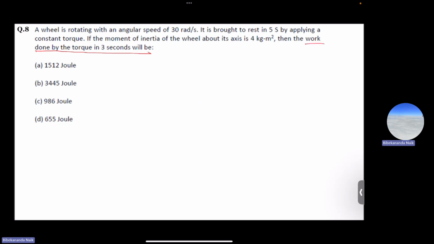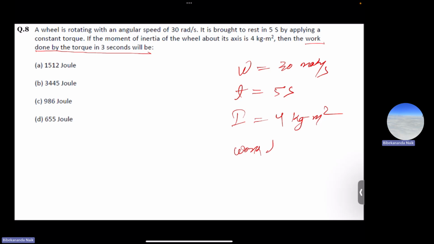The question is given. It is rotating at an angular speed of 30 radians per second, and it comes to rest by applying a constant torque over a 5 second duration, and the moment of inertia of the flywheel is 4 kg meter square, and we need to find out the work done.